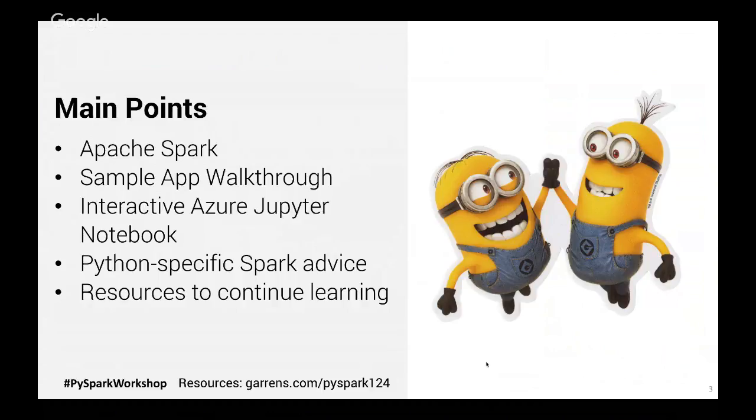Also, because Scala has more functional elements and just functions differently than Python. Python can be used very well with Spark, but it does come with some caveats that we're going to go over. And then resources to continue learning.